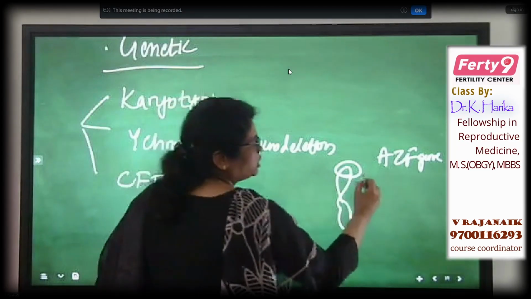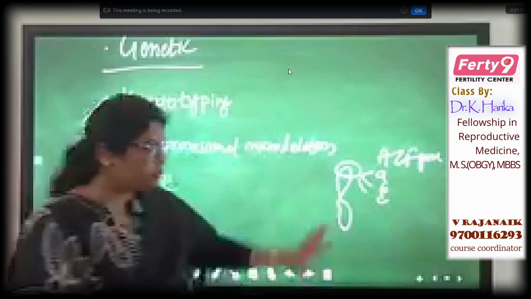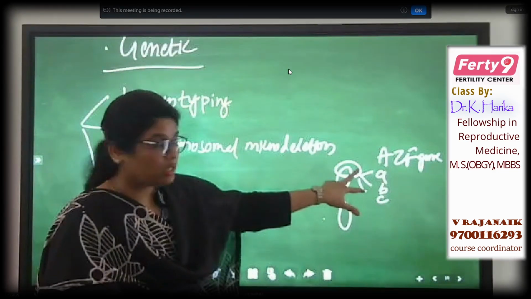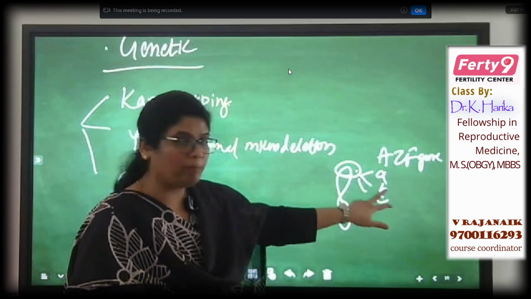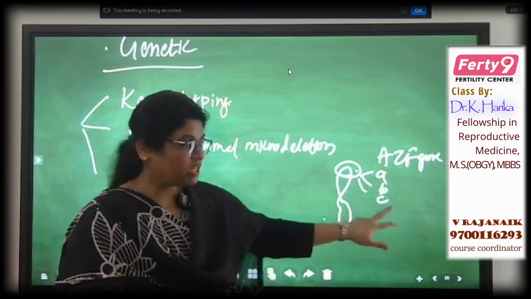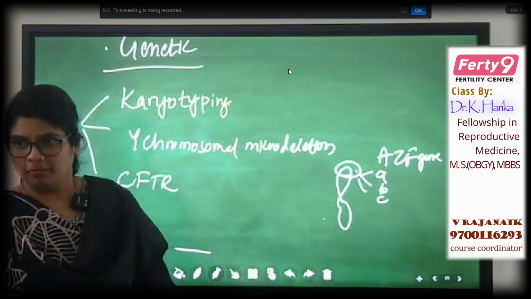Suppose the mutation is in different areas, A, B, C. This is the Y chromosome, this is the azoospermia factor, and it has 3 areas, A, B, C. If there is any mutation in A and B, generally they'll land up in azoospermia. If there is any mutation in the C area, they'll land up in oligospermia.